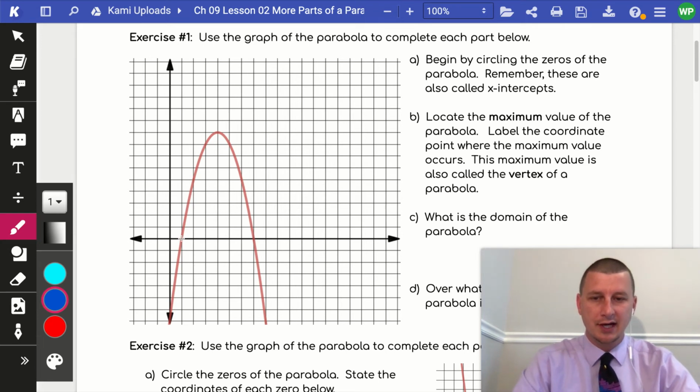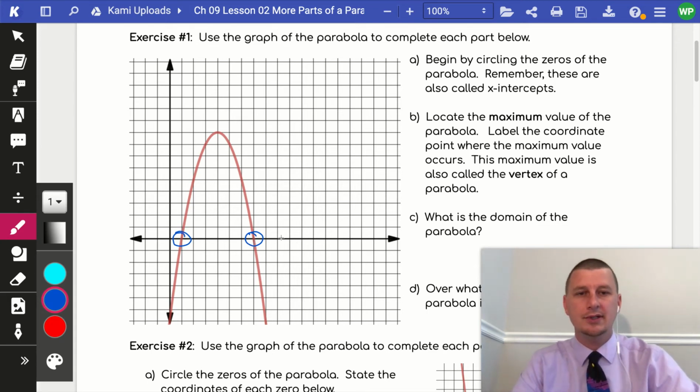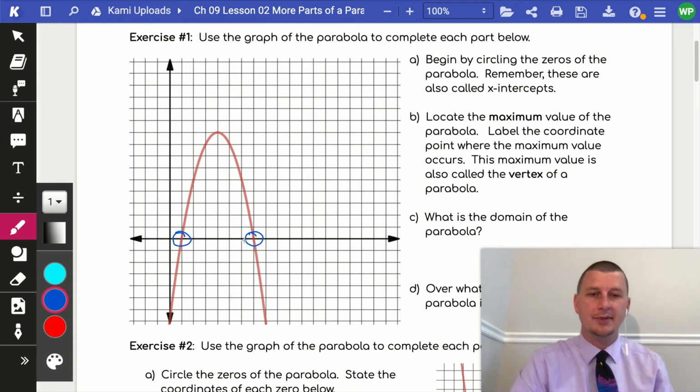So we have an intersection right here, so we're going to circle the zeros, and an intersection right here. These zeros occur at x equals 1, and x equals 2, 3, 4, 5, 6, and 7. So x equals 1 and x equals 7 are our two zeros, or our x-intercepts.